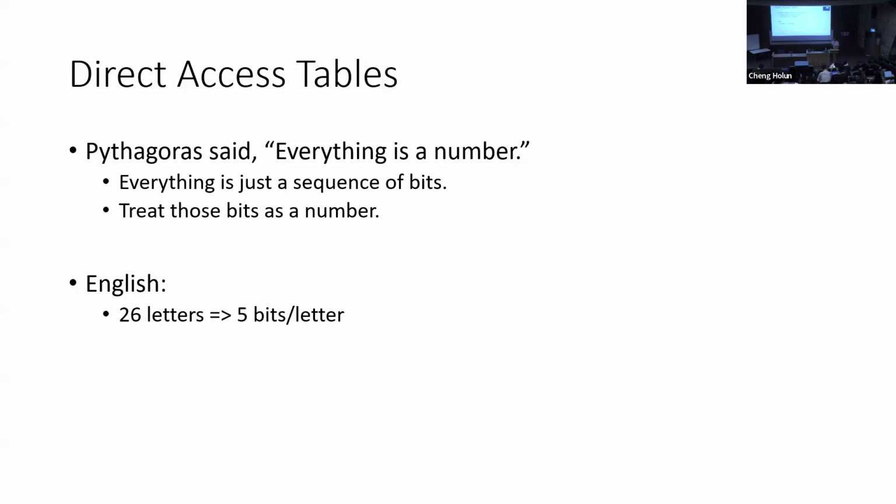So, for example, what is the longest English word? I don't know how many letters, I think it's 40-something letters. But let's assume all the English words have 26 letters, still 26 alphabets. So every letter can be represented by 5 bits.